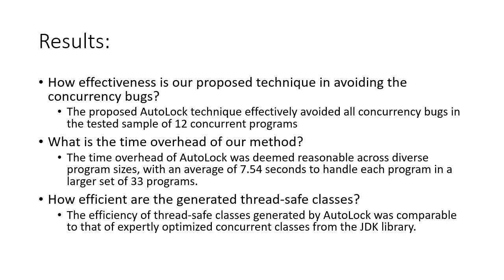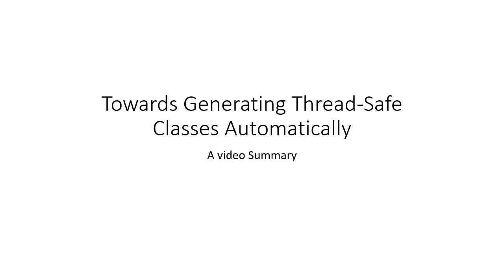In conclusion, the paper introduces AutoLock, a method that automates the process of generating thread-safe classes to synchronize access to shared resources in multi-threaded code. By leveraging static analysis and access annotations, AutoLock infers how variables are accessed and generates a locking policy based on relationships between variables. The locking policy is then translated into code, ensuring proper acquisition and release of locks without introducing deadlocks.